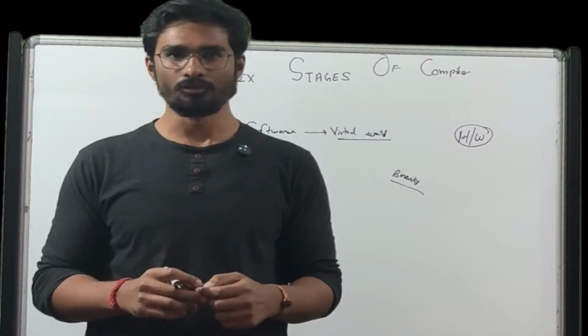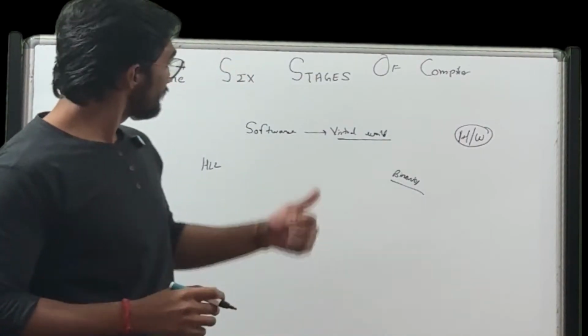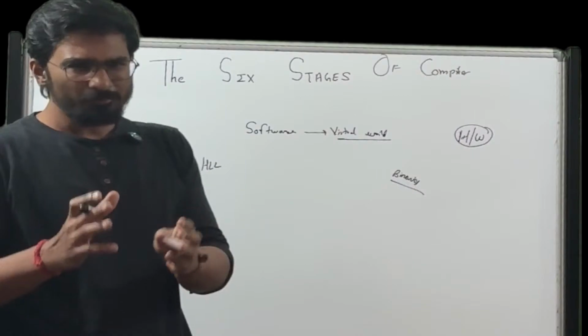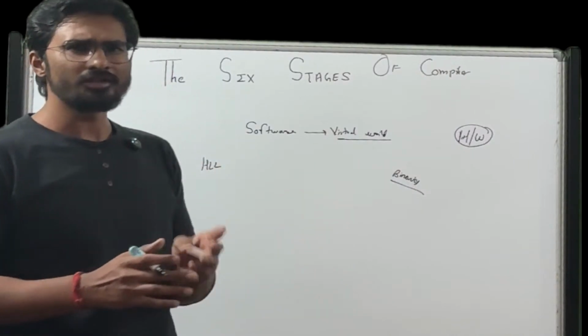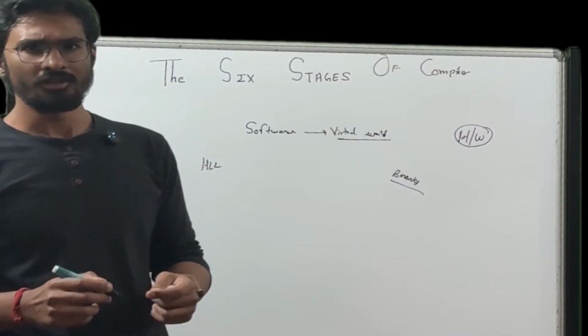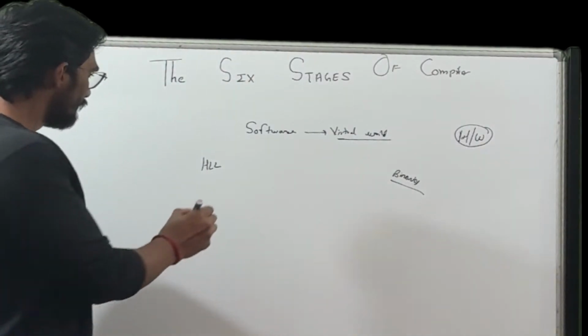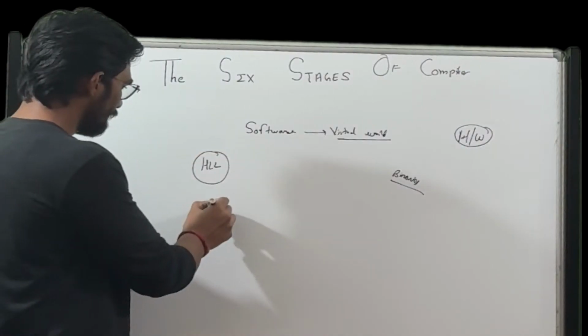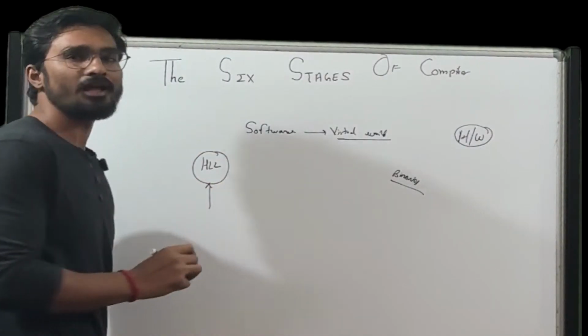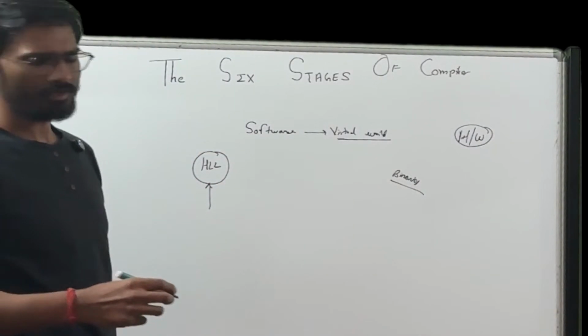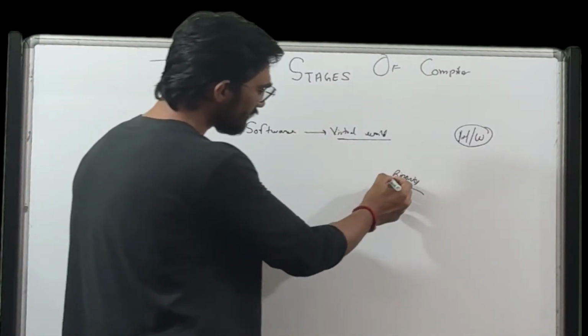In this tutorial we are going to discuss the 6 stages of the compiler, but before going into that topic I would discuss something very important, that is how the toolchain basically works. So we write code in a high level language, or a language which humans can understand, but hardware only understands binary.